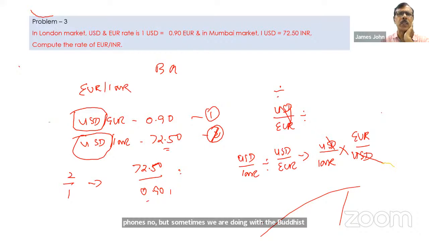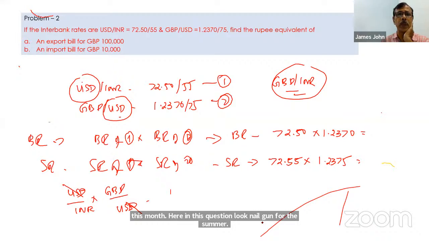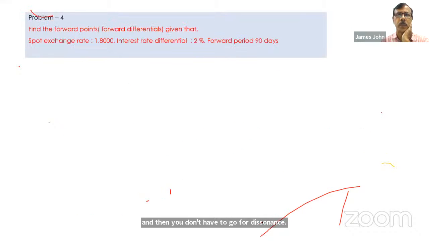That depends on the question. In some questions they will give you 4 decimals. Here in this question they have given 4 decimals, so no rounding off is needed. Here you have to round off. You calculate and then round off to 4 decimals.